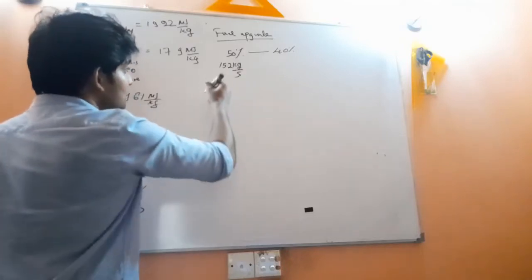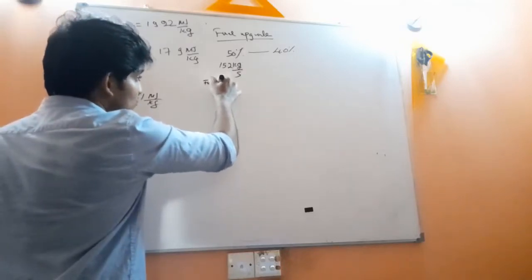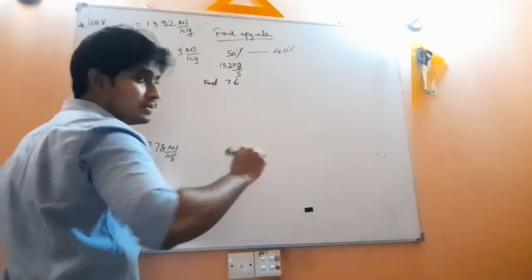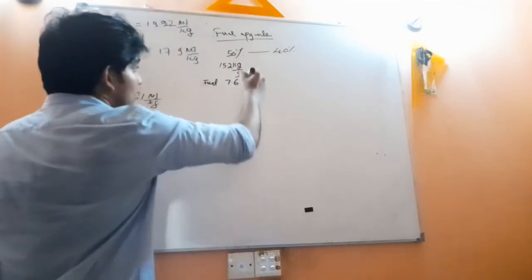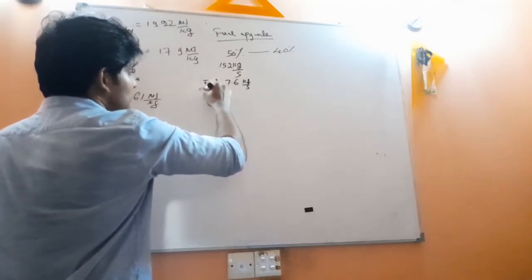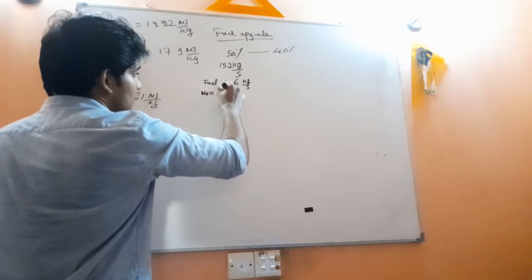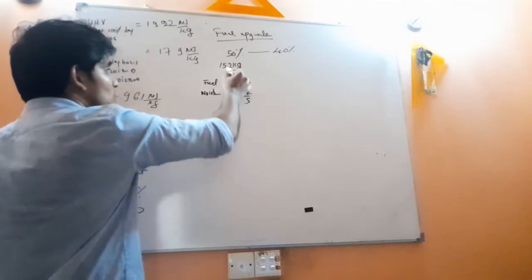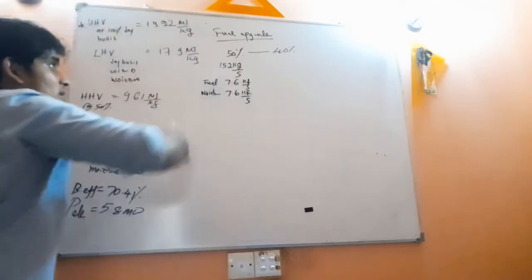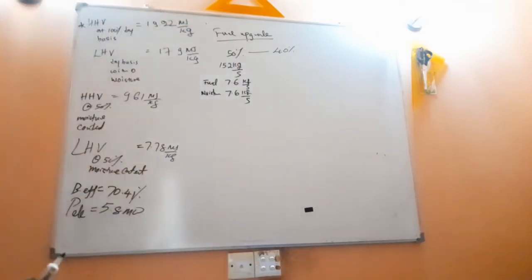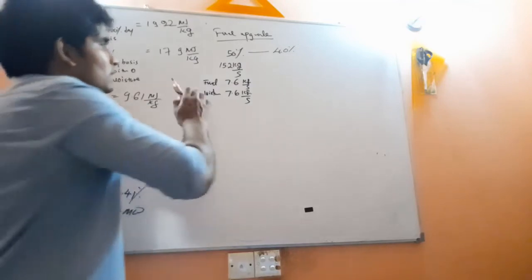So we have actual fuel quantity of 7.6, 15.2 divided by 2, kilograms per second, and moisture also 7.6 kilograms per second. So that is how the total count is evaluated, right?